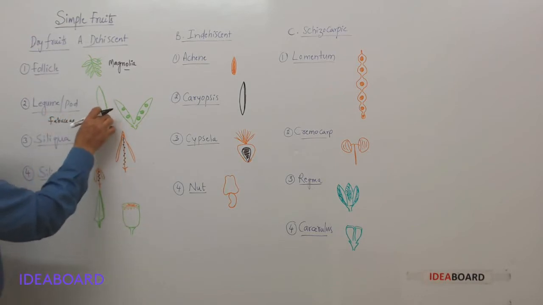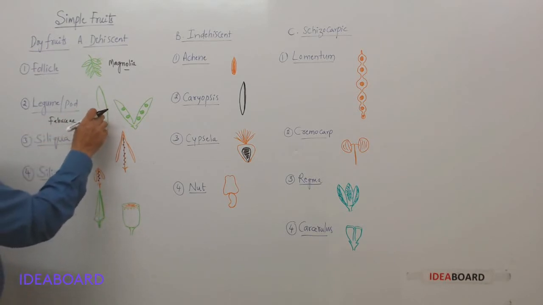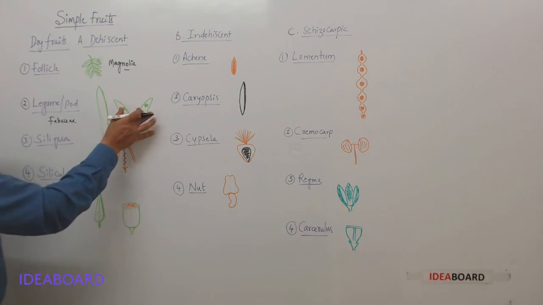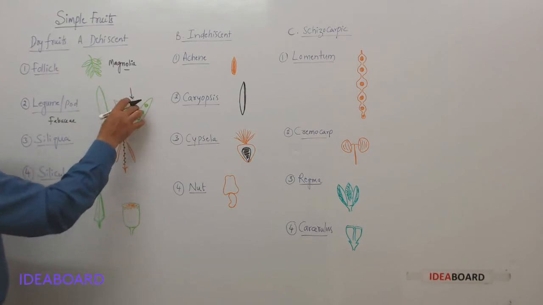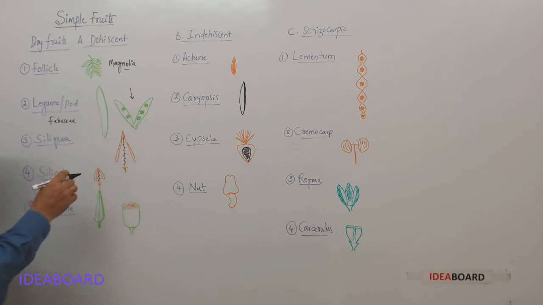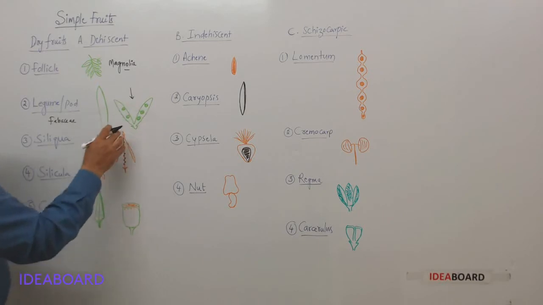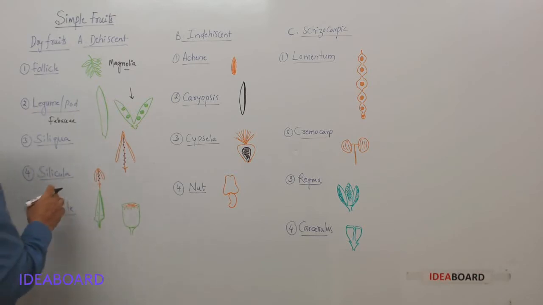Here I drew the diagram of sweet pea that belongs to Fabaceae. You can see this is the ventral suture and this is the dorsal suture, and it breaks open on both sutures, from top to bottom, descendingly, and you can see that marginal placentation here.